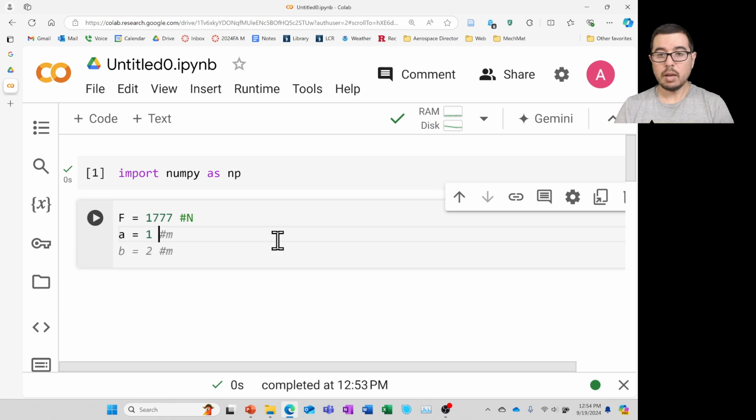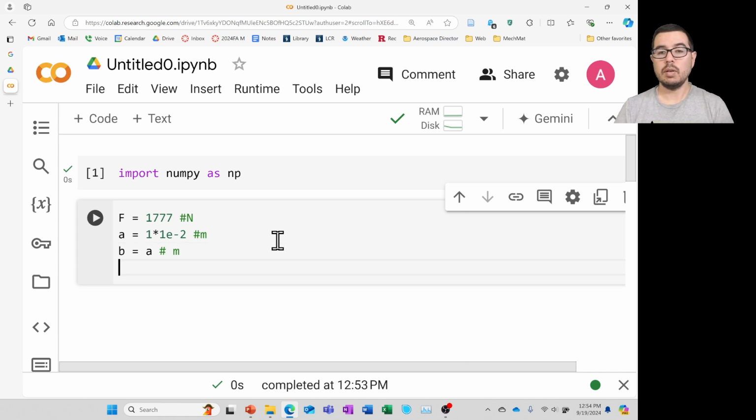So I often will go ahead and do the conversion. So I'm going to do 1e-2 times that, and that will give us units of meters. And then we have B, which is also equal to 1 centimeter, and we'll just say that B is equal to A, and that will give us units of meters again.